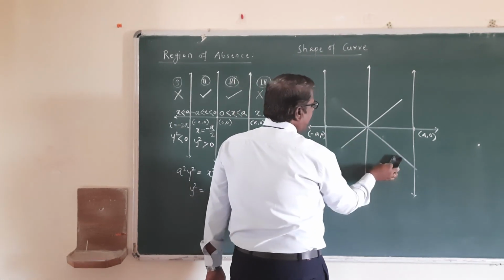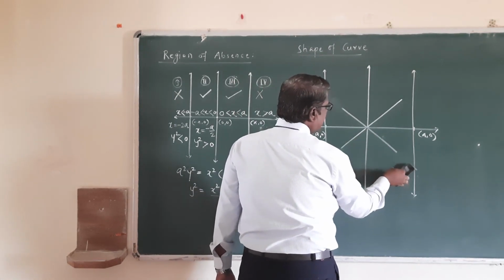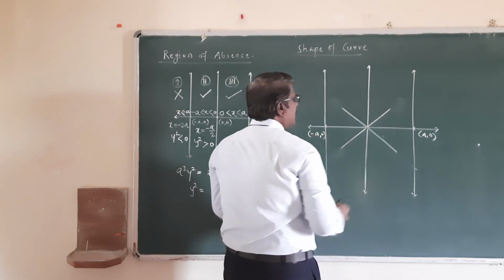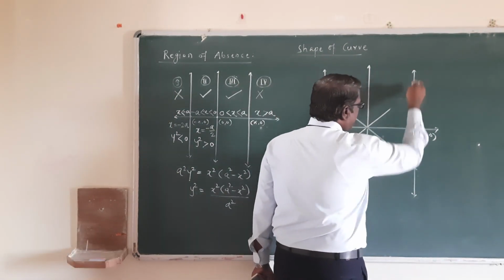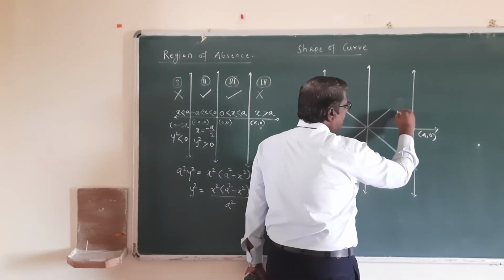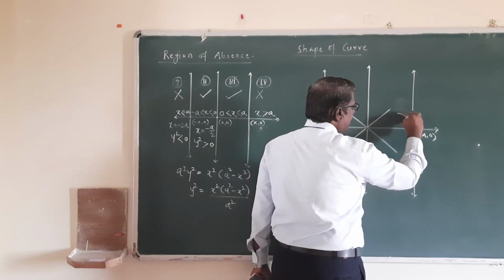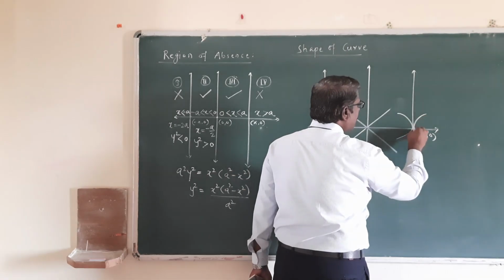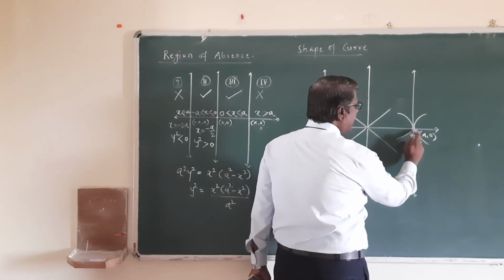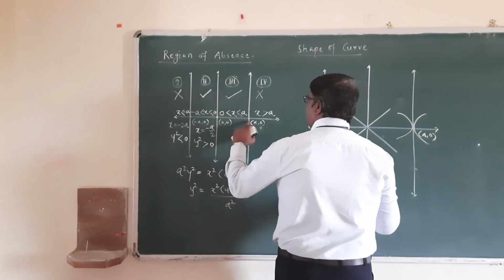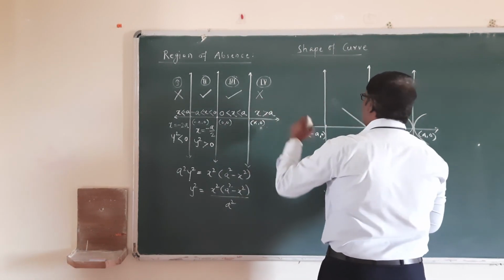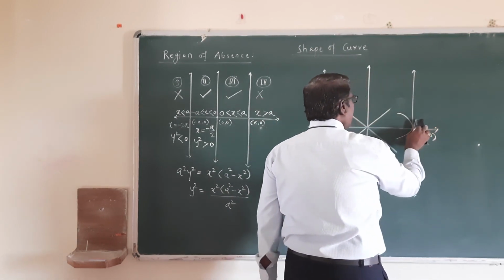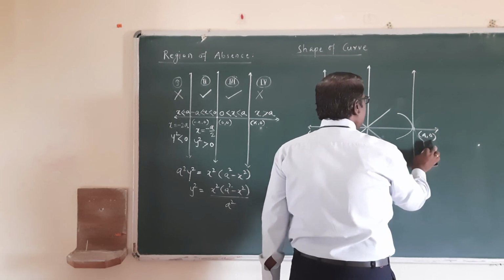Okay. Now as these two lines are tangent at these points, at a0 this line is tangent, therefore the curve has its shape either on this side or on this side, but after a0 the curve is absent, and therefore I will remove this part.